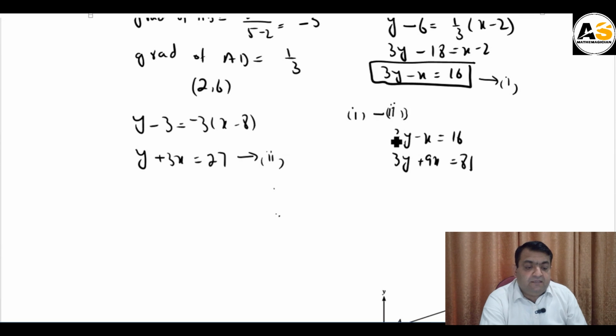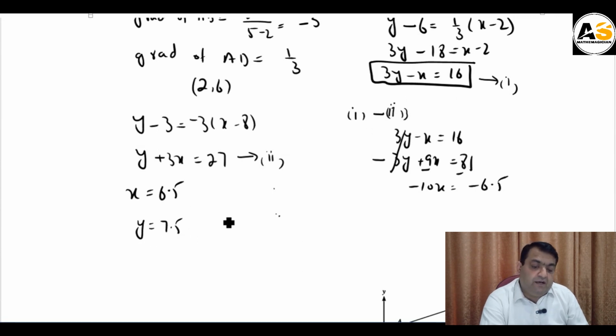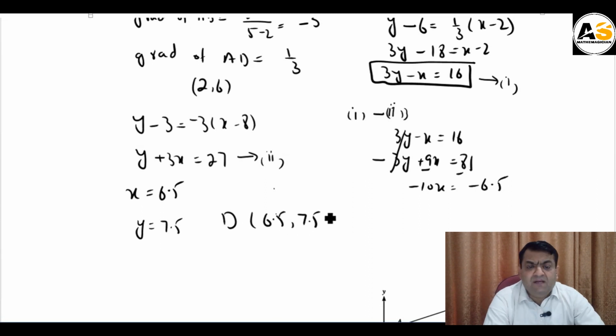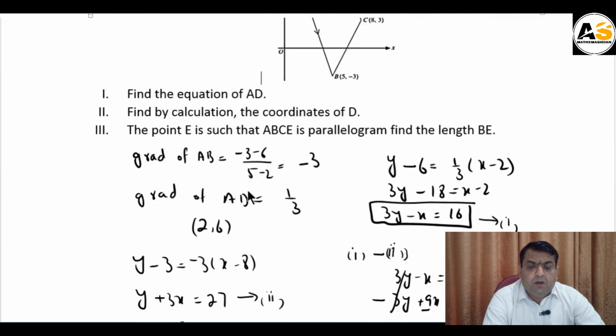Minus 10x is equal to minus 65. We will get x is equal to 6.5. When we put x is equal to 6.5 in either of these two equations, we will get y is equal to 7.5. So the coordinates of D are 6.5 and 7.5. This was part 2.